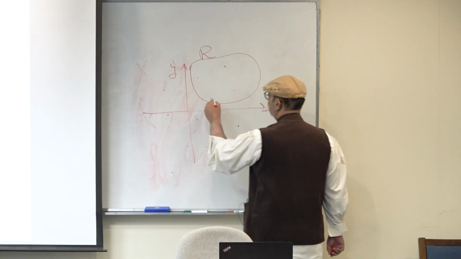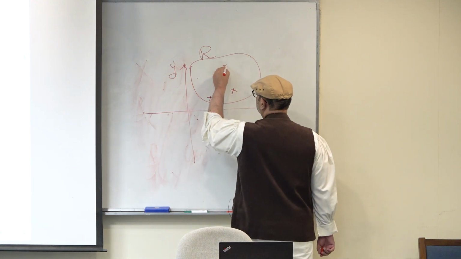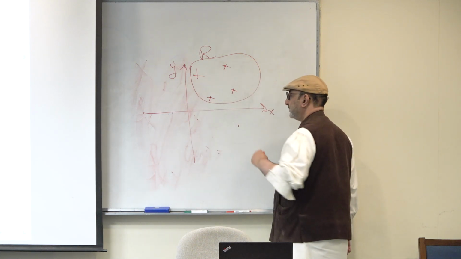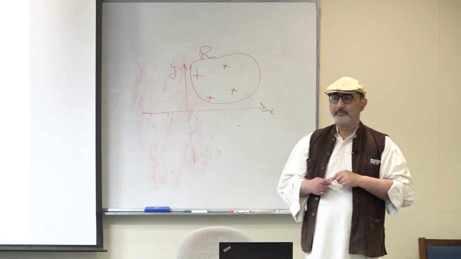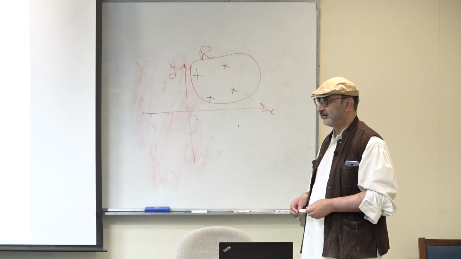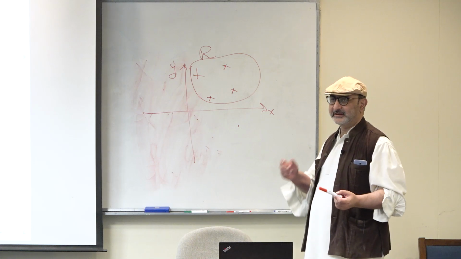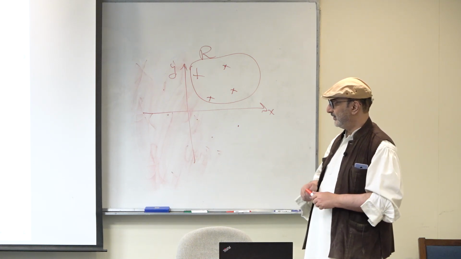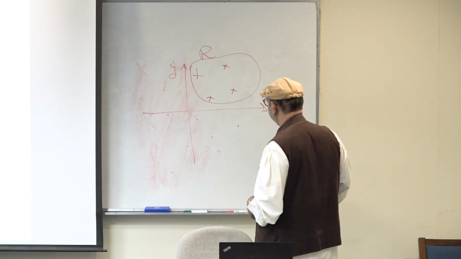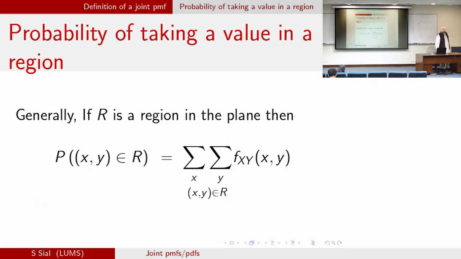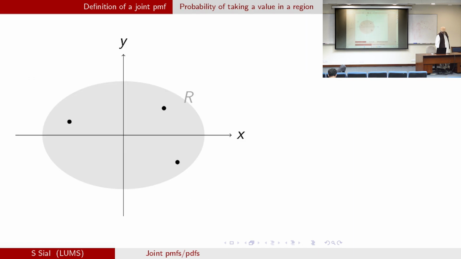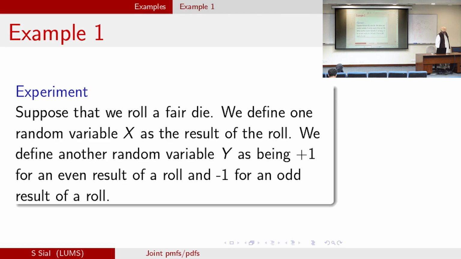Well, what you do is you sum up the joint PMF values at all the points that lie within the region R. And that's the probability that (X, Y) as an ordered pair takes a value within that region R. Okay, so you imagine something like this.